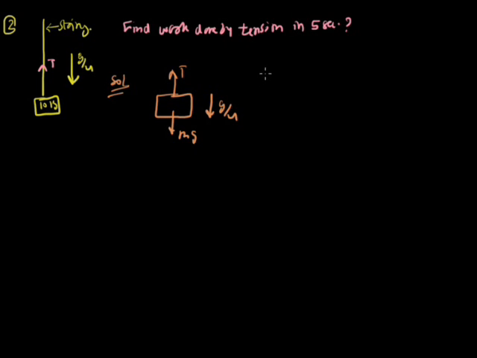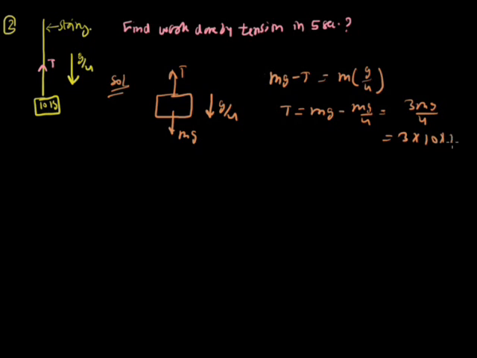So the combination of the forces, mg minus T, would provide this acceleration. So this would be equal to mg by 4. By solving this, we would find T equal to mg minus mg by 4, 3 into 10 into 10 by 4. This would be 75 Newton, T.